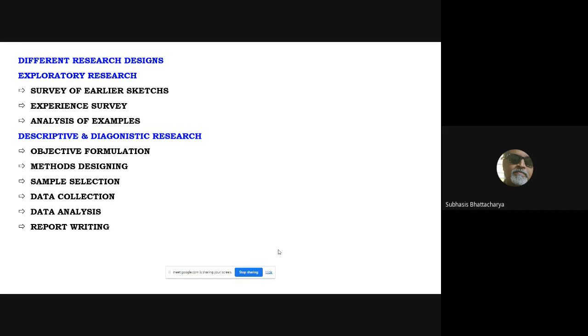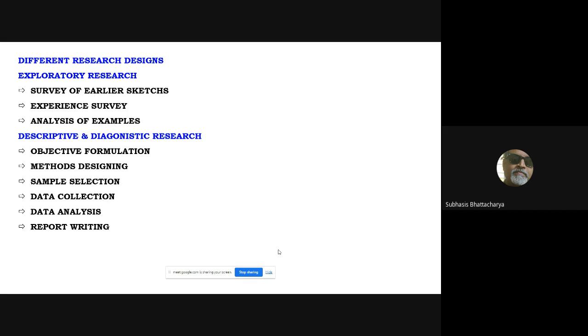So in designing such studies, you have to make some rigidities in the design, and must focus on formulation of the objective of the study. That is, why the study is about and why it is being made. Next one is designing the methods of data collection. That is, what techniques of gathering information are adopted by you.